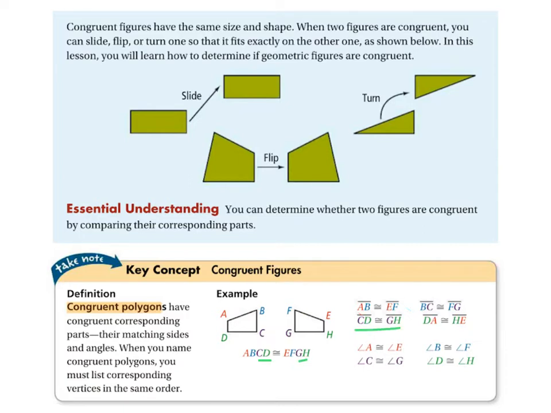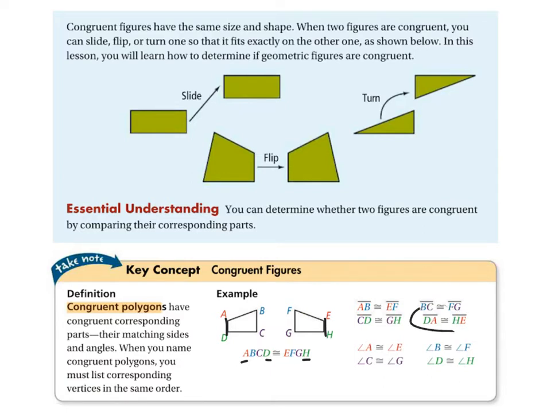And what about for the last one? Well, for the last one, we've got to kind of jump from the end to the front. We can say D, the last letter, to A; D to A corresponds with H to E right there. And that's what you see right there, okay?